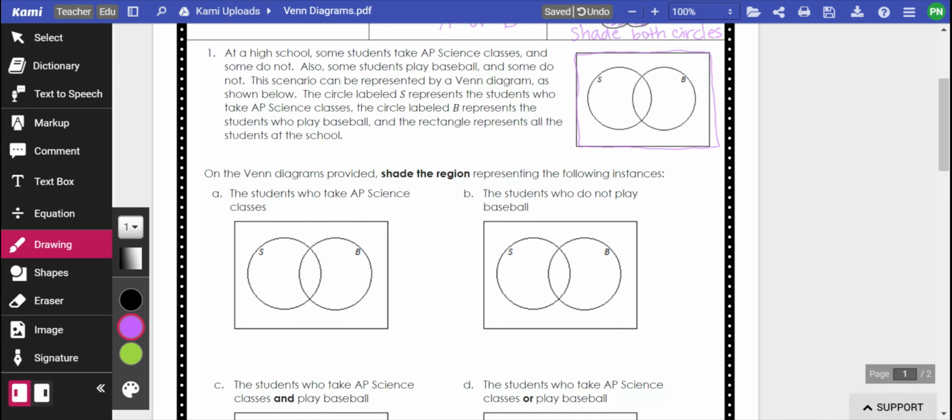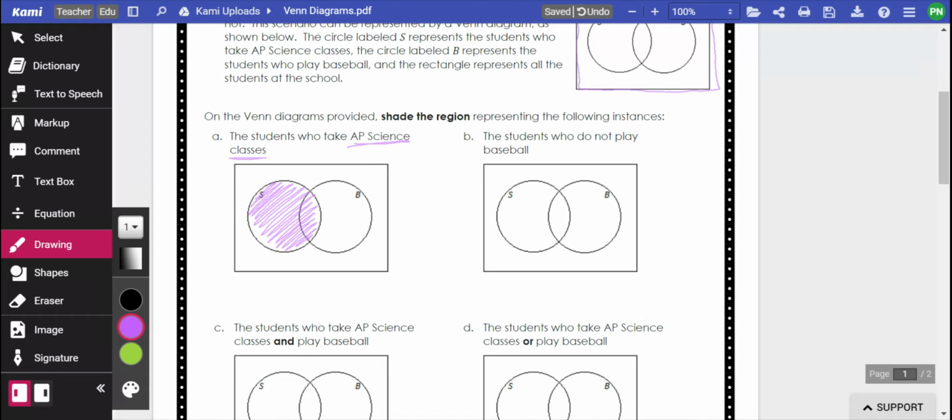So for the first one, it says we want to shade the region based on the students who take AP science classes. So that would mean I want to shade everybody who's taking AP science. Now, it doesn't matter if there's overlap, if they're also playing baseball or not. I want to include them because I'm only looking at the category of them being in the AP science classes. Now, the students who do not play baseball.